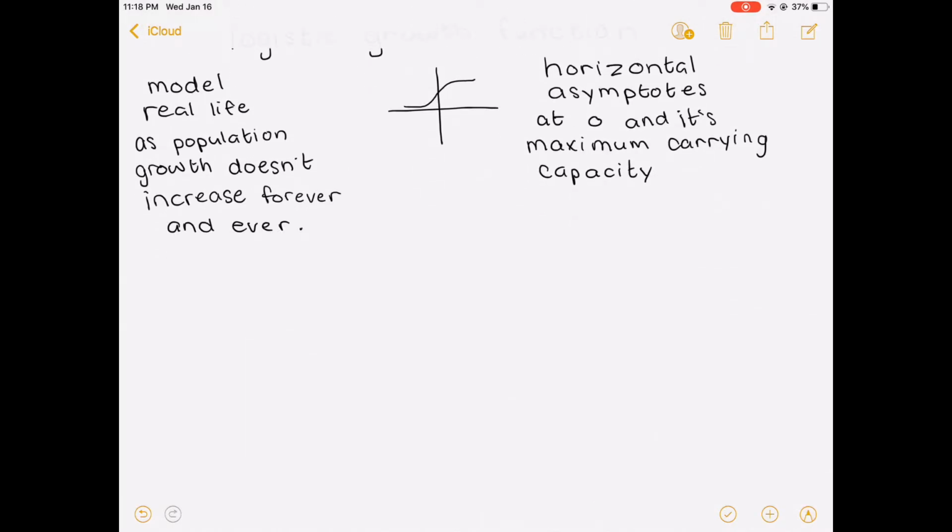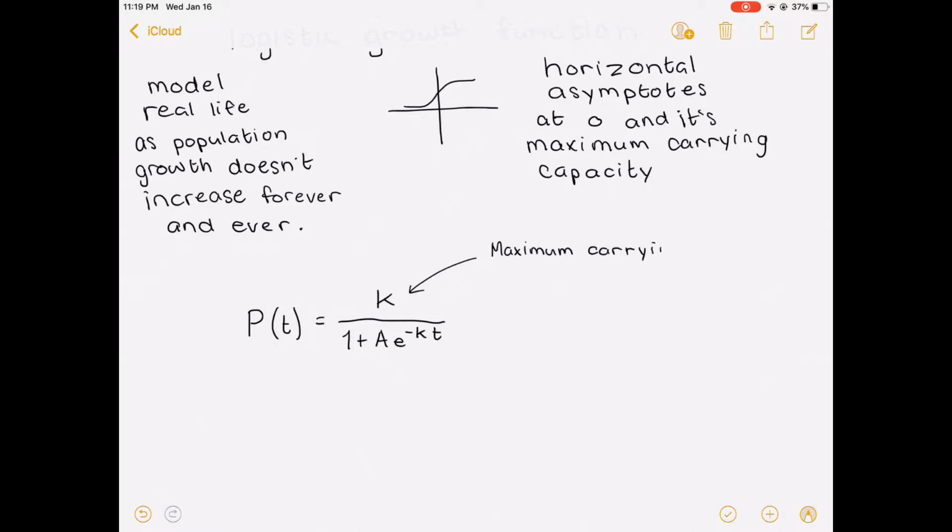We can model logistic growth functions with this formula. P of t is equal to k over 1 plus a e to the exponent of negative kt, where k is your maximum carrying capacity.